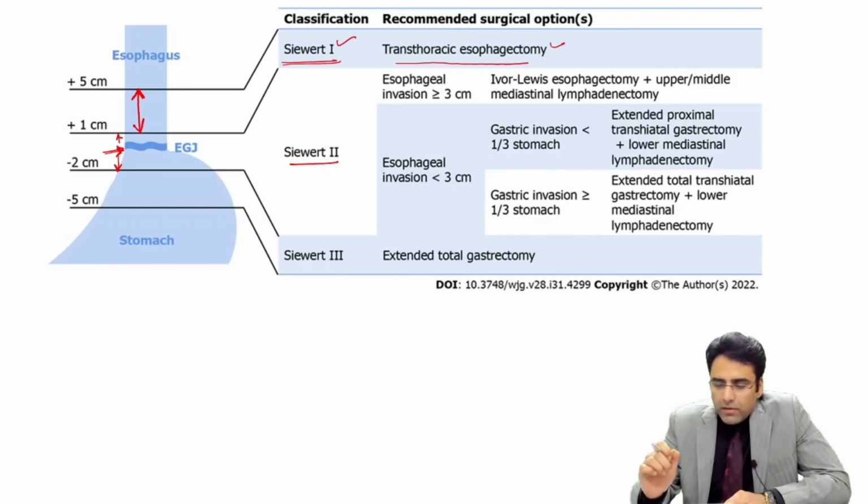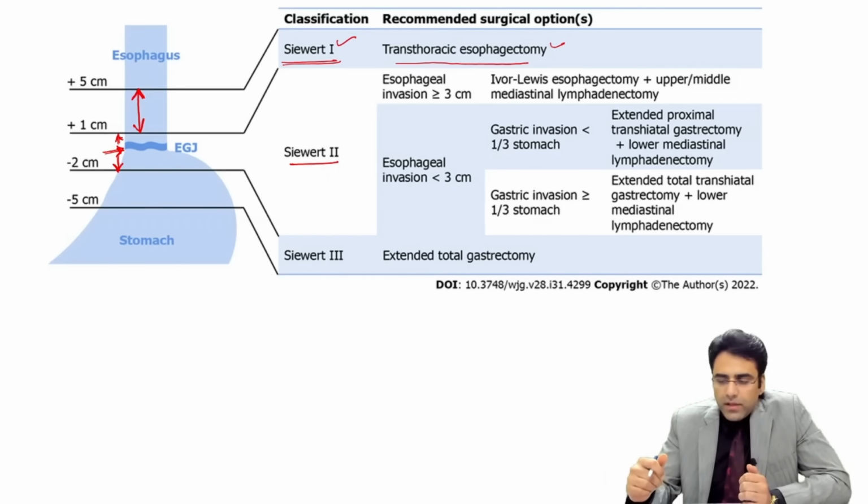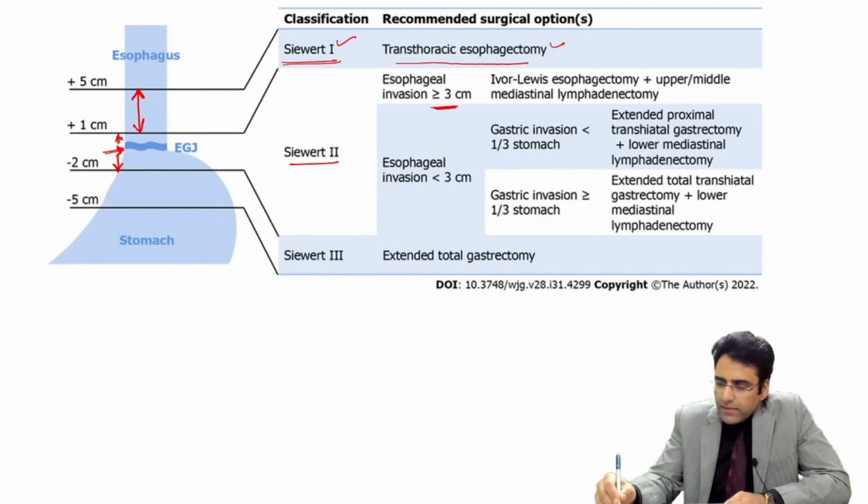Clear? Now, after that, Sievert type 2, it involves within 1 centimeter above and 2 centimeters below the gastroesophageal junction. So in this, the treatment will depend on the esophageal invasion. If esophageal invasion is more than or equal to 3 centimeters, we will go for Ivor Lewis esophagectomy with upper and middle mediastinal lymphadenectomy.